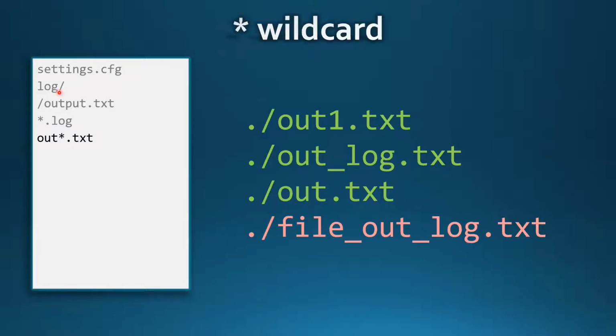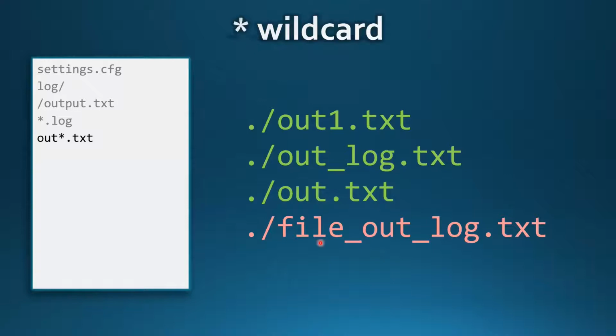So in this case, this will ignore all files and directories that start with out and end with .text. out1.text starts with out, ends with .text, so it'll get ignored. out_log.text, same thing. out.text will also get ignored because the wildcard itself can be empty.